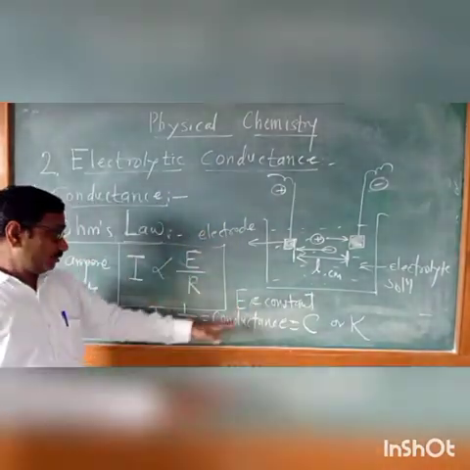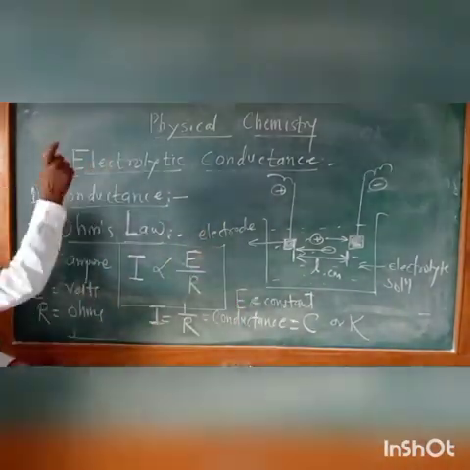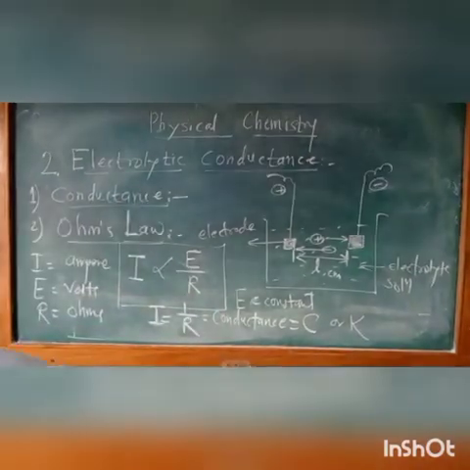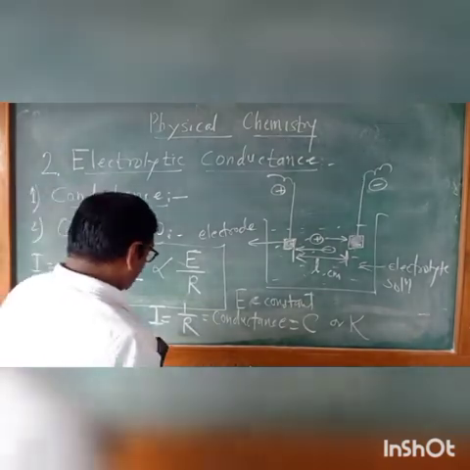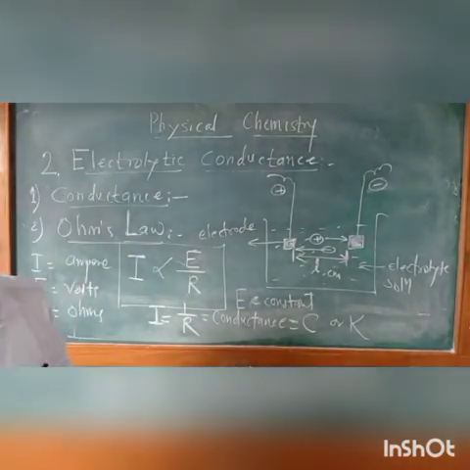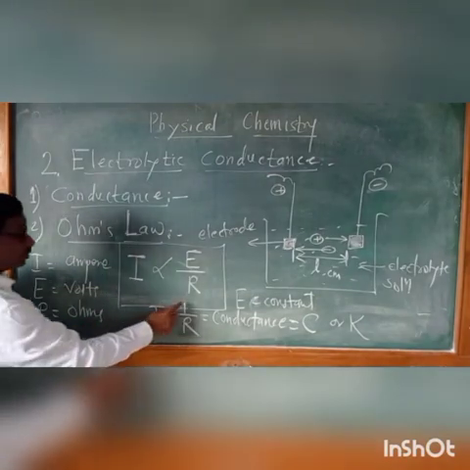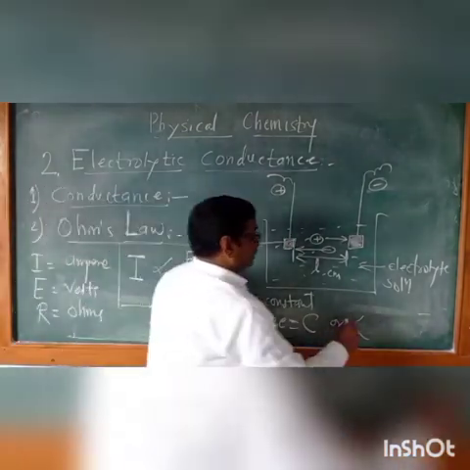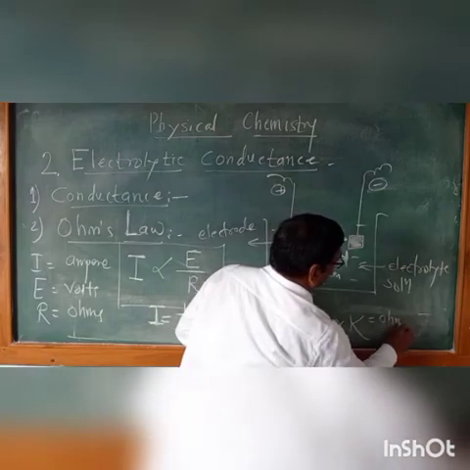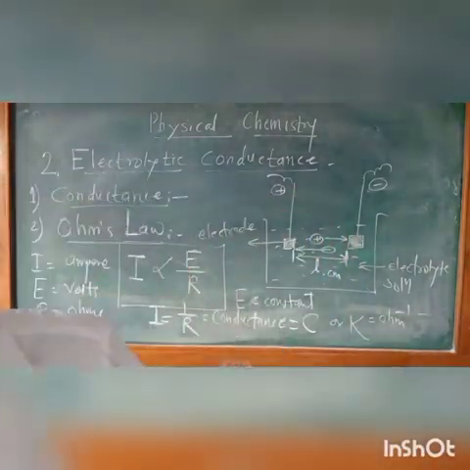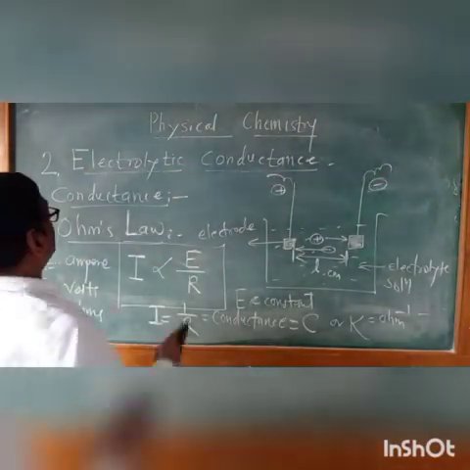These are the two points, conductance and Ohm's law. Now what is the unit for this conductance? The unit for resistance R is ohms, so for 1 upon R, the conductance, the unit is ohm inverse.